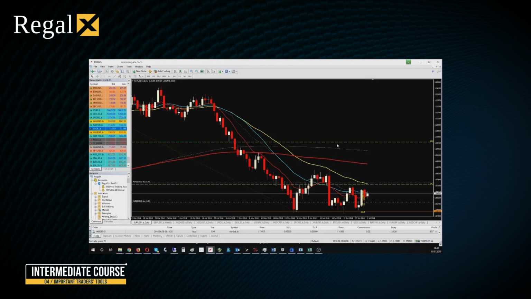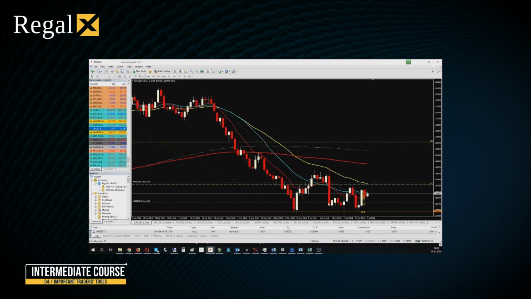Do I want to take my positions out of the market? Do I want to hedge? Do I want to sell the market after it broke support down here? All these things based on the ECB meeting's result. So these are the things you need to know that are going on in the market in terms of events, and events are in the economic calendar. Very important and very helpful.